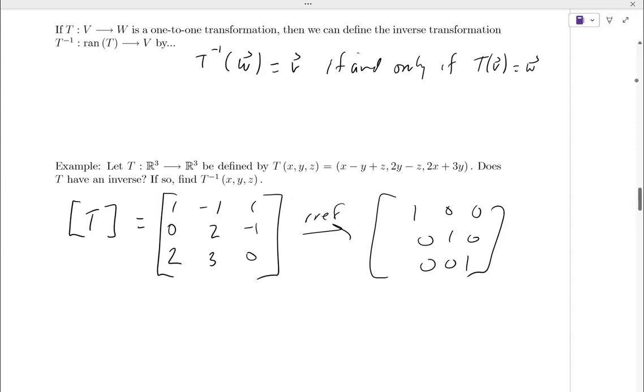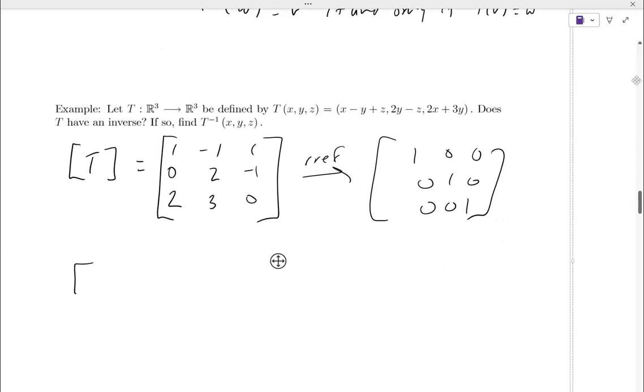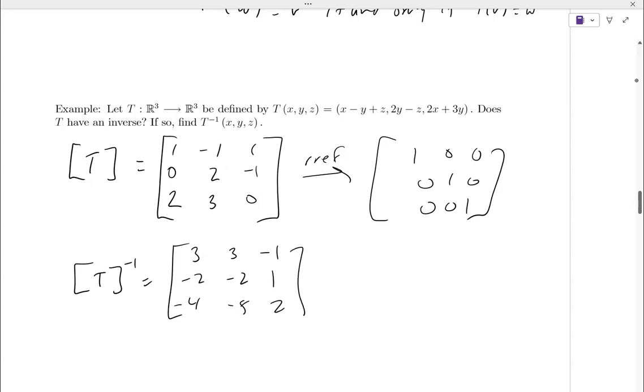So then we can quickly get the inverse of this matrix. If I look at the inverse of this matrix, we get 3, 3, negative 1, negative 2, negative 2, 1, negative 4, negative 5, 2.